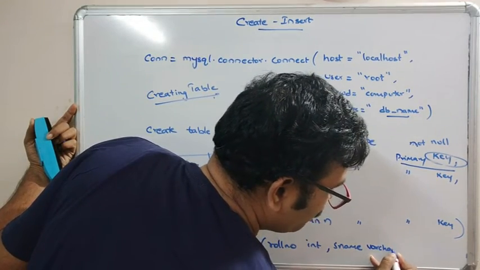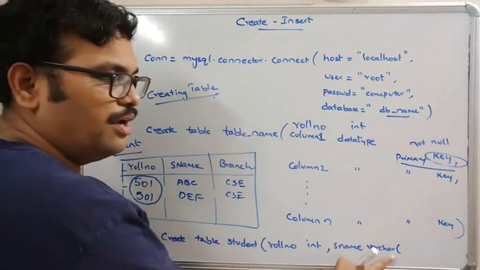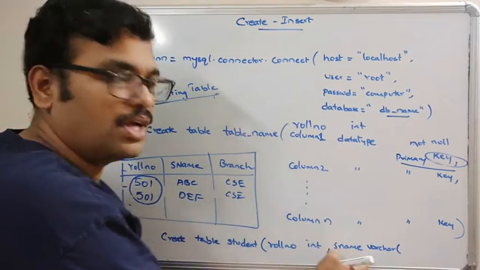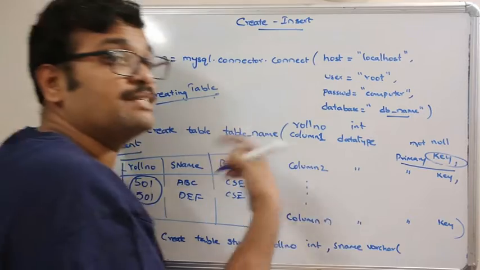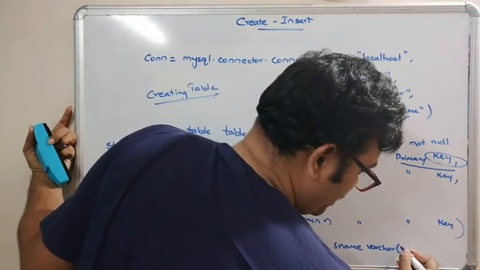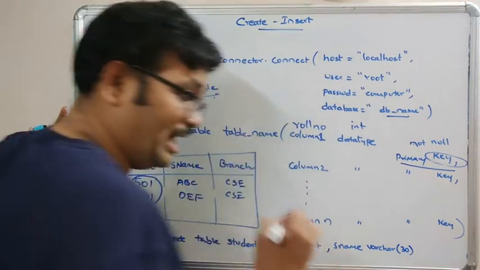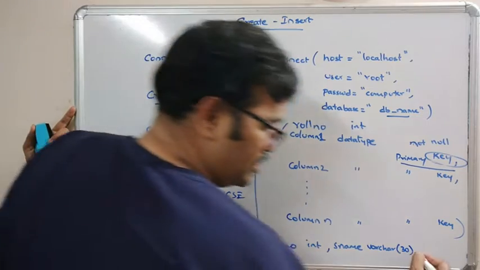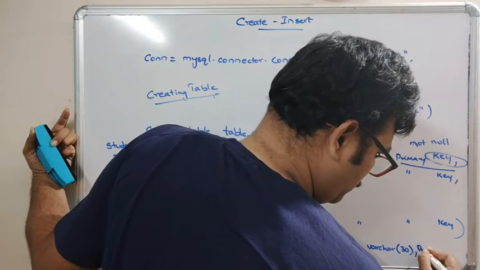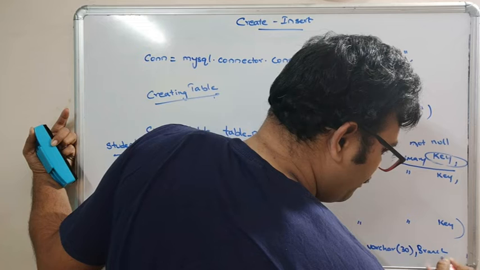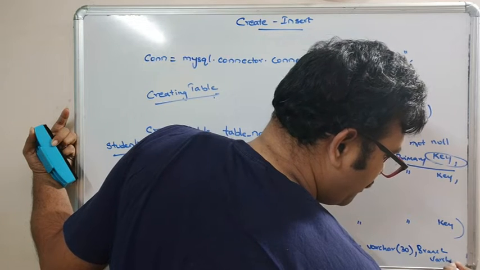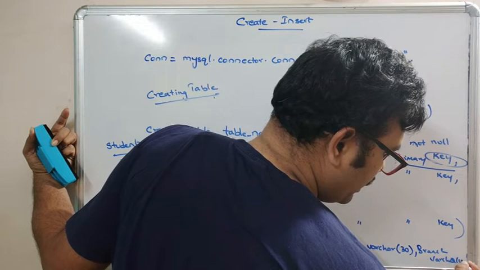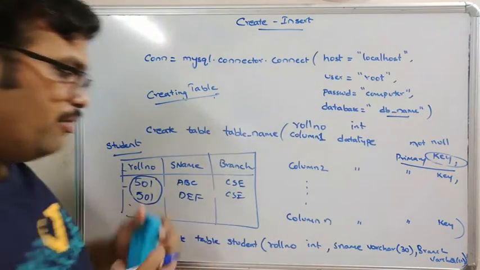Varchar means alphanumeric will be accepted, and here we have to give the length of the name, the maximum length that should be accepted. I will give 30, so 30 characters will be accepted here. Similarly, comma, branch, and branch is also varchar of 10. Okay, so I have created one table.